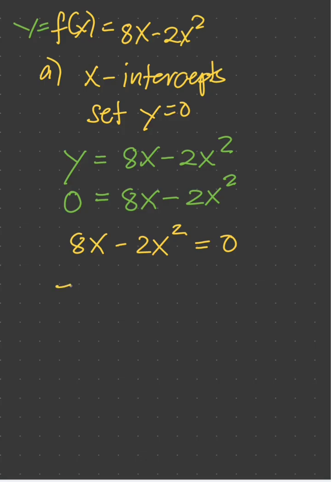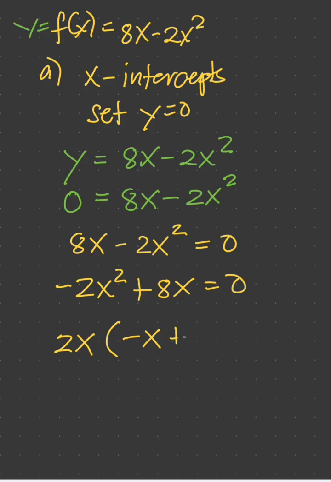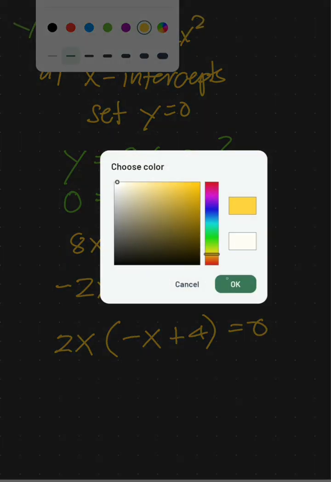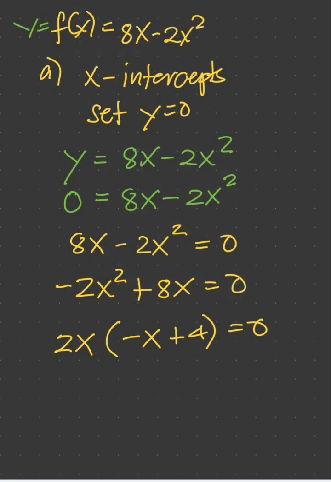And then we can rewrite this as negative 2x squared plus 8x equals 0. And then what is the common factor? 2x, right? So we are left inside a parenthesis with negative x plus 4. Get that? Because if you multiply them back, 2x times negative x is negative 2x squared. Then 2x times 4 is 8x.